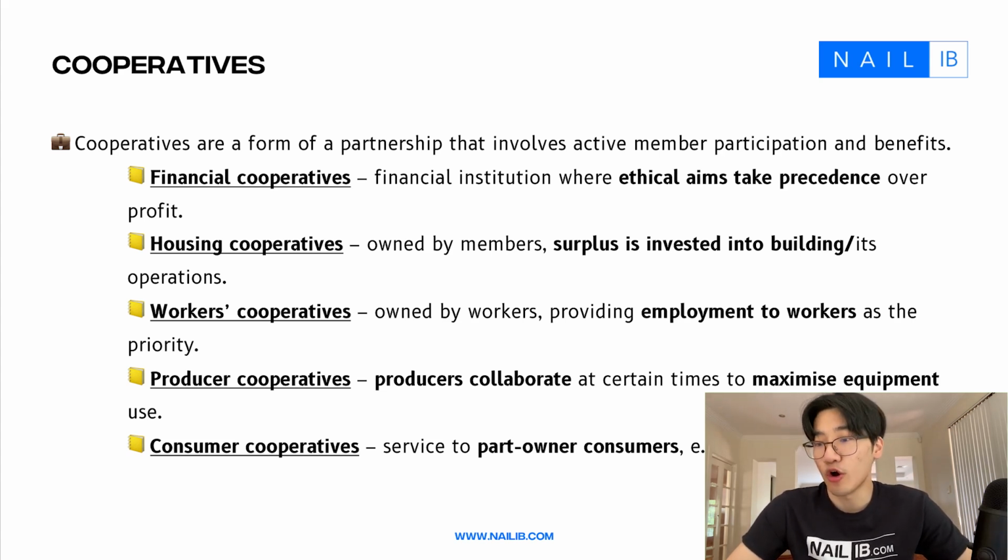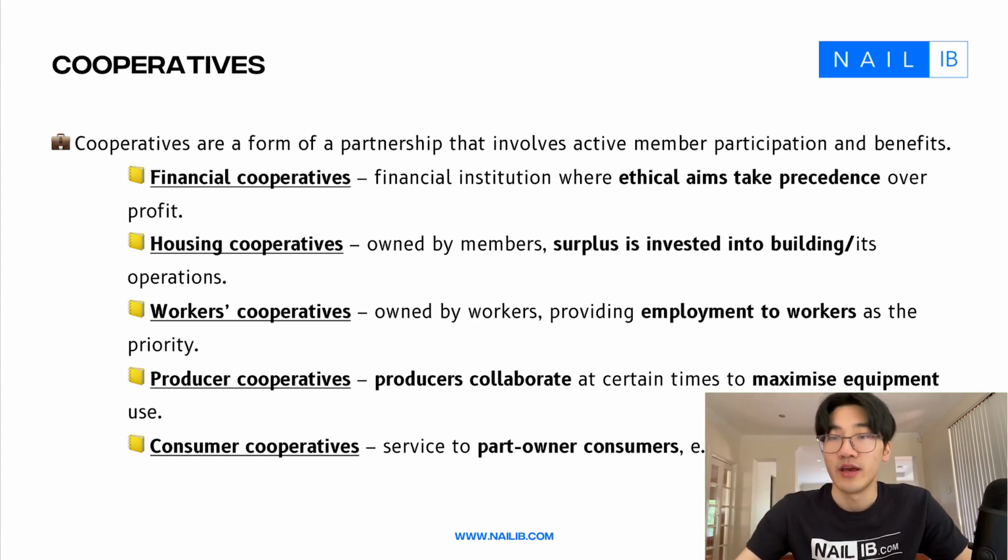And so the members own the building through the cooperative, and any additional income from the business, or what we call surpluses, are invested into the buildings and its operations so that the cost for each individual member is lowered. On top of that, housing cooperatives have a lot of control over who becomes a member and who can't. So they can ensure that all members are agreeing to the rules and conditions of living in the housing cooperative, and this increases the likelihood of social harmony in the building.